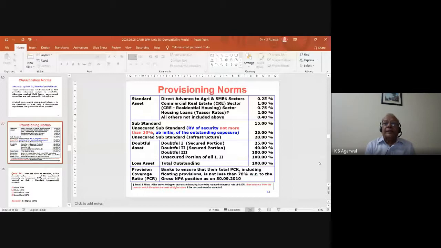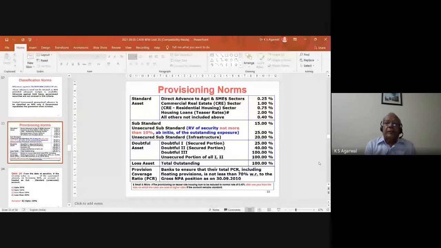Housing loan at teaser rates will be 2%. What does teaser rate signify? Sometimes banks, to attract new customers, offer housing loans at a concessional rate vis-a-vis their card rate for 1 year, for 2 years, for a limited period of time, and thereafter switch over to the normal rate.